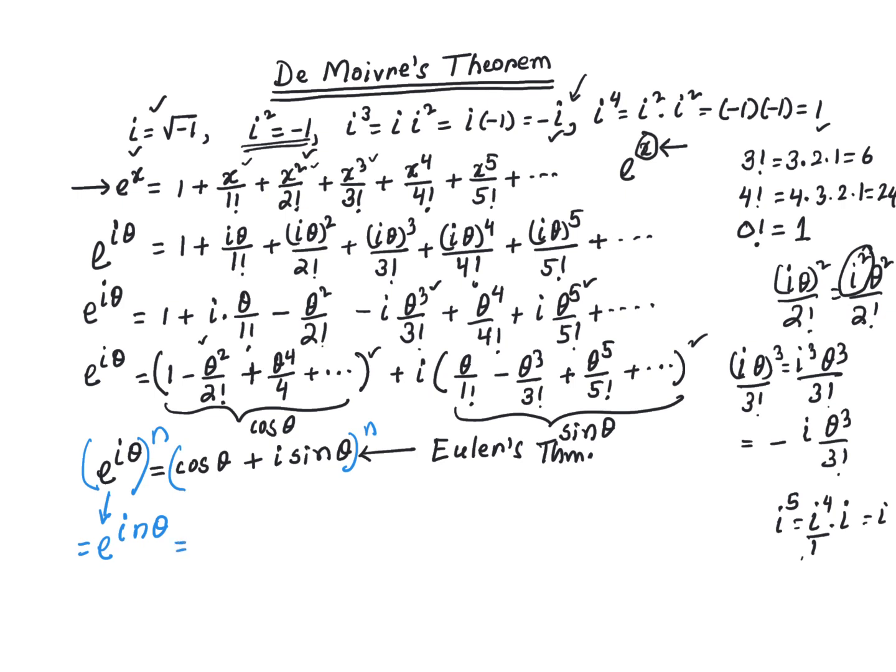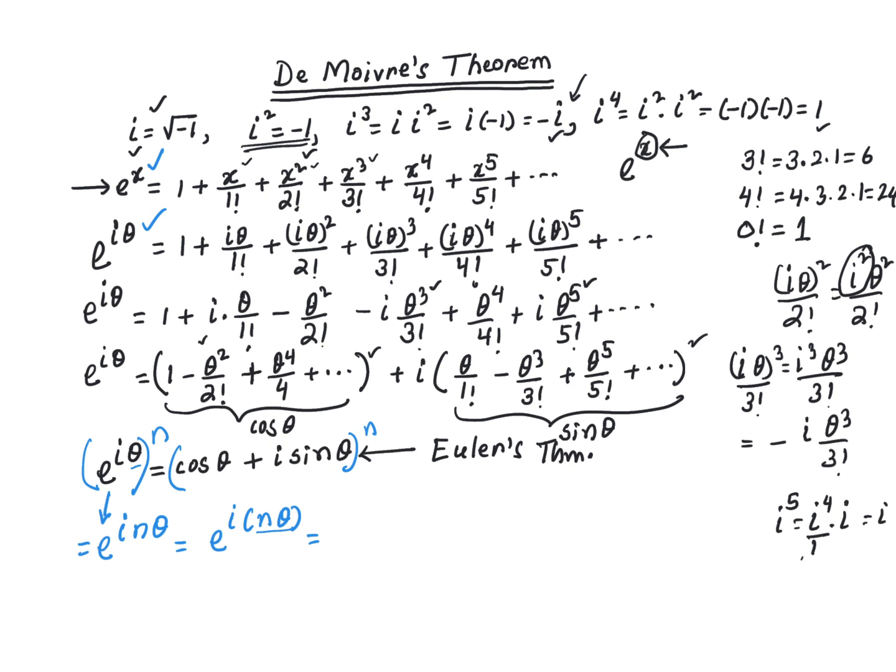Now I can rewrite this as e to the power i times n theta, correct? Now, the way we described e to the power x, we replaced x with i theta and derived this in exactly the same way. Instead of theta, we are going to assume that it's n theta. Euler's theorem should still hold true. Theta is just some number, and so is n theta, so it doesn't make a difference.